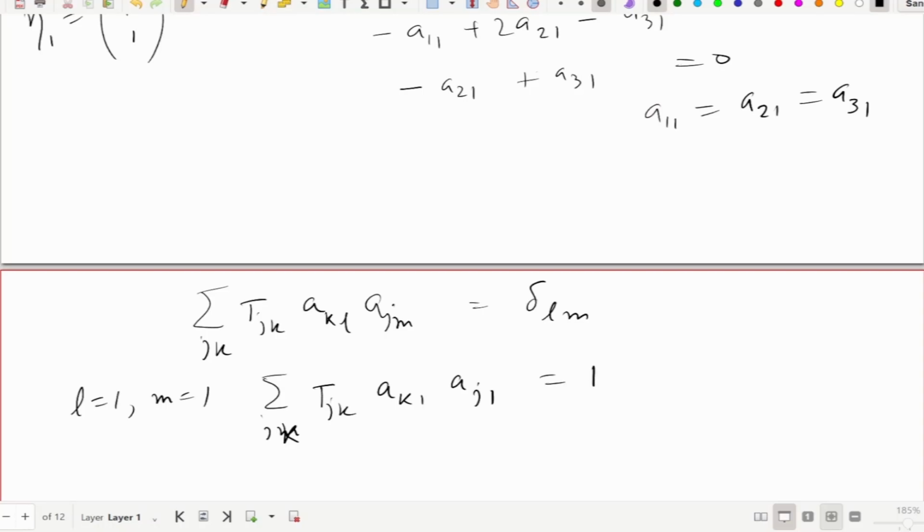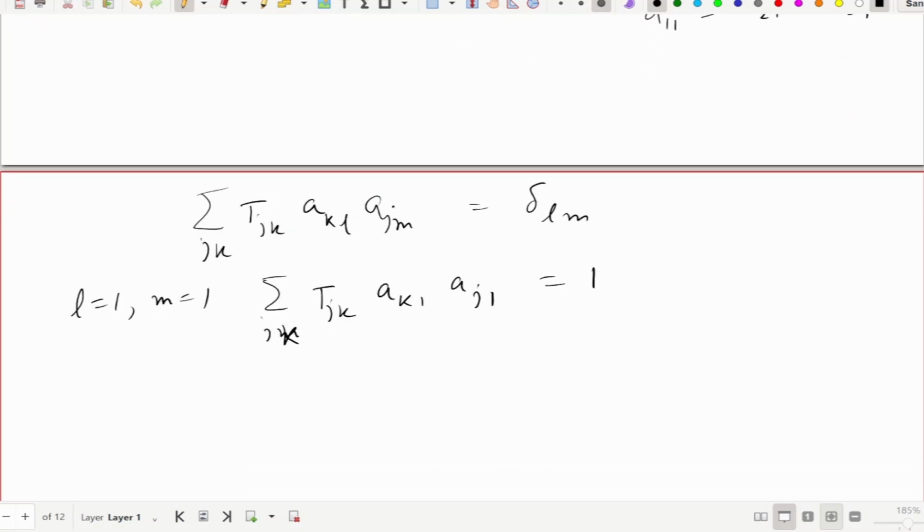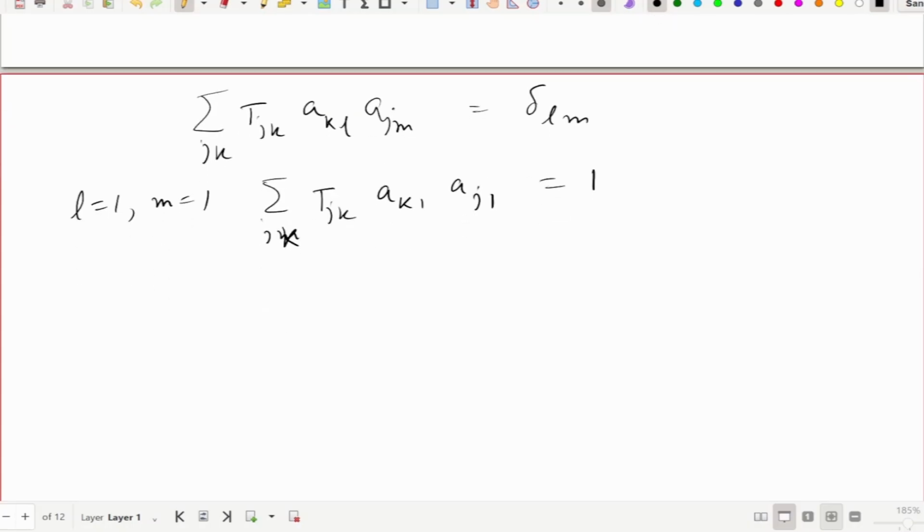So, if I choose this equation, then this will be the result. Okay. So, now we have already seen that a 1 1 equal to a 2 1 equal to a 3 1 for this frequency.